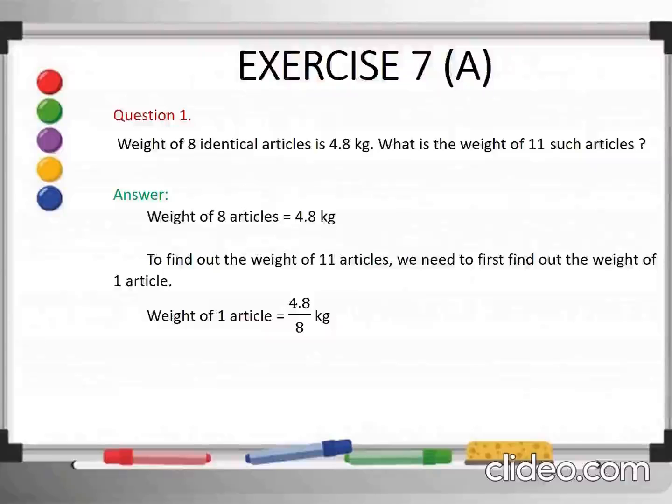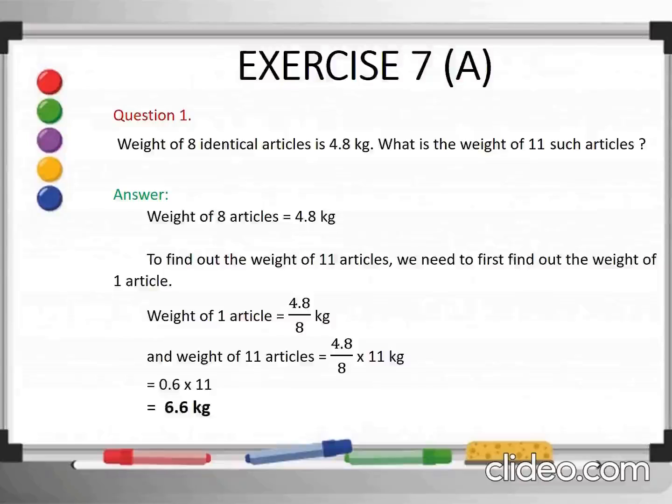To find the weight of 11 articles, 4.8 upon 8 will be multiplied by 11. So when we do cancellation, 4.8 divided by 8 gives 0.6. 0.6 into 11 is 6.6 kg. Therefore, the weight of 11 articles equals 6.6 kg.